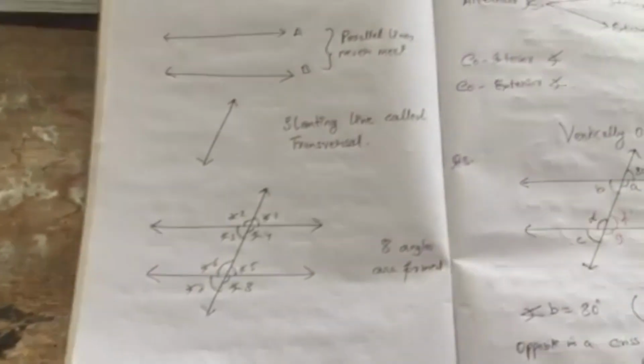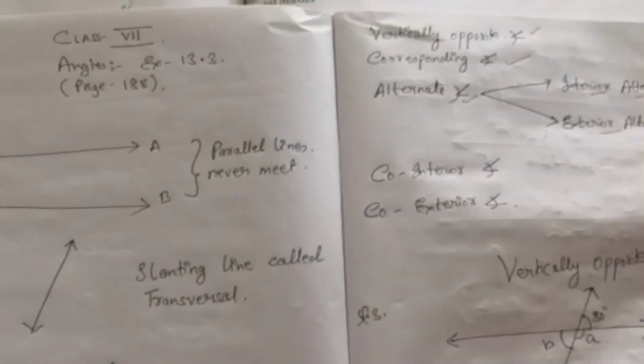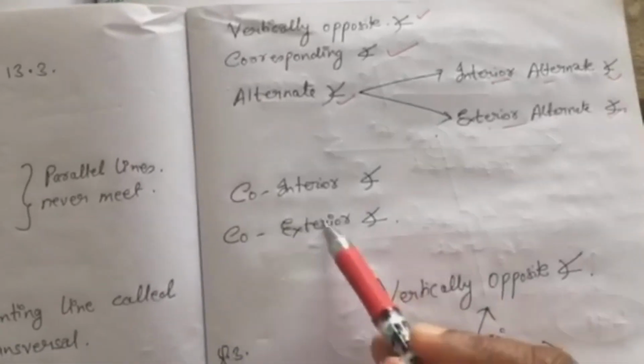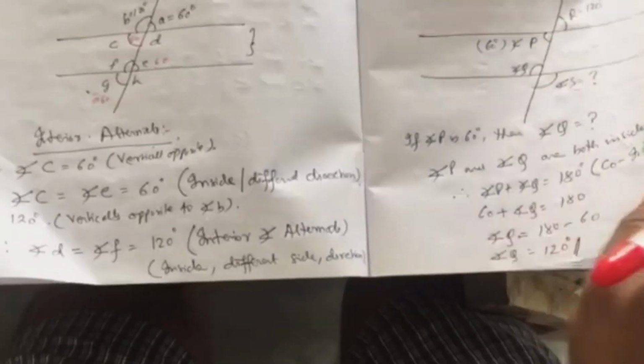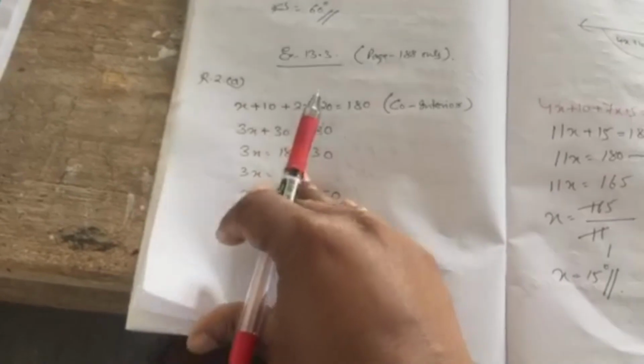Now the only leftover part from this chapter is the last variety. So these two I have completed. The last variety is co-interior and co-exterior. They are not equal angles. They are those types of angles whose sum total gives you 180.